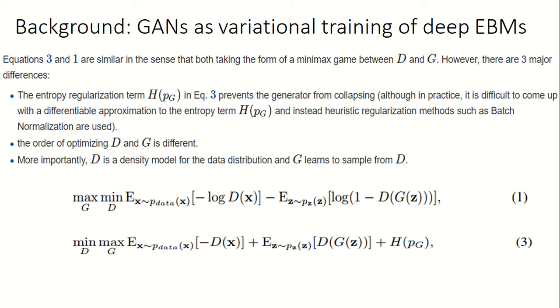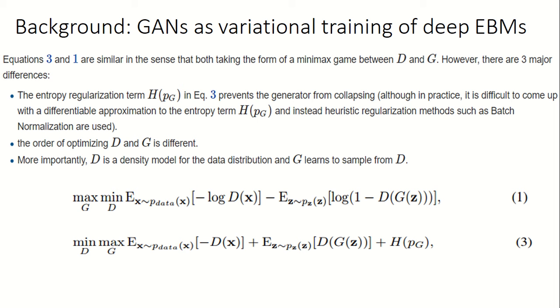But we should notice that in practice it is difficult to come up with a differentiable approximation of this entropy. So people usually use heuristics like batch normalization.